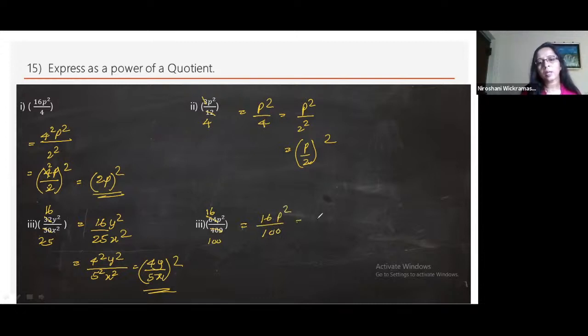Here p squared. 4 squared p squared over 10 squared. 4p over 10 squared. Even you can cancel here. How many 2's are here? 5. Then you can write 2 over 5. Like this you can keep the answer.